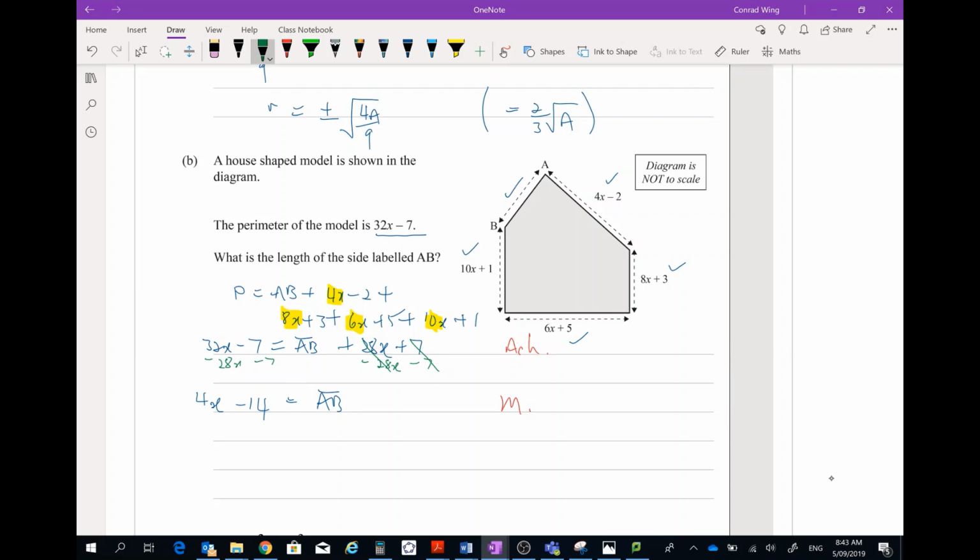How do you know AB is 28x plus 7? 28x is all the other sides, not the AB. So why do you get 10? I just decided that AB would be 4x take 10 because that's the difference between 28x plus 7 and 32x plus 7. It's not 10. It's 14.